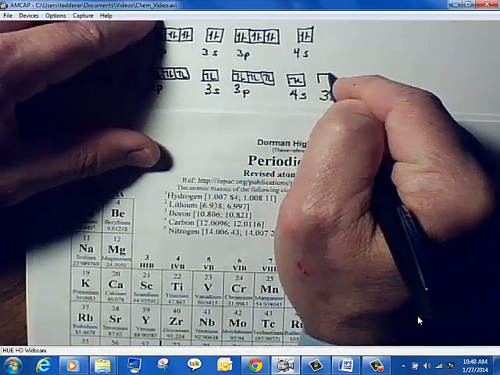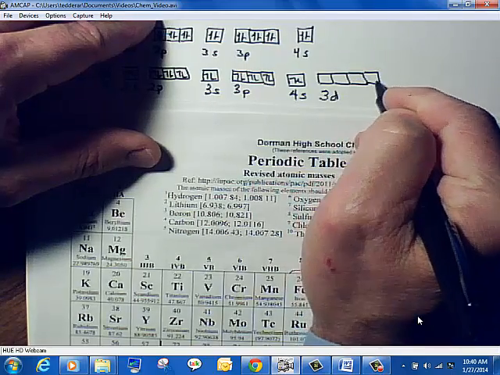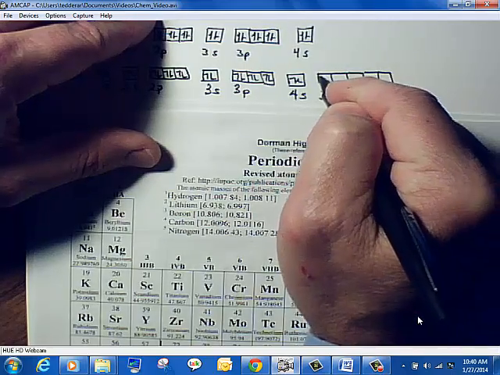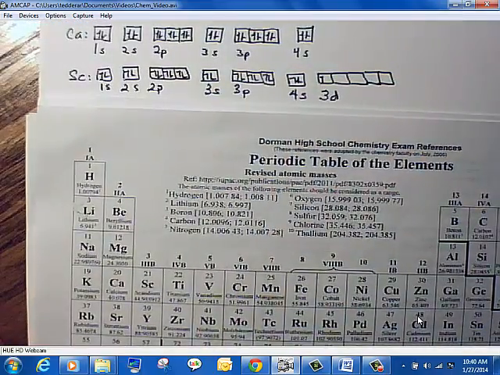So we're going to need 5 boxes for 3D. We just need 1 electron in there. Exactly. The orbitals are there even if we don't have electrons there. And I don't want to get too deep into that.